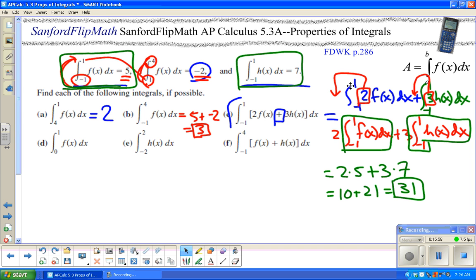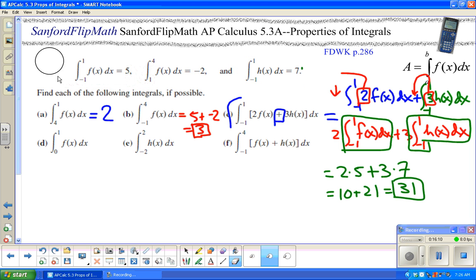Okay. All right, f of x from 0 to 1. Okay, so I don't see a 0 as a limit to integrating in any of these. Okay, I don't see 0. Like for instance, I see that says f of x from 0 to 1. This says f of x from -1 to 1.